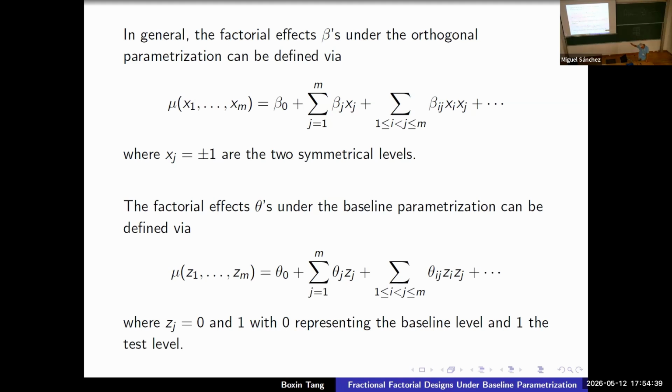This is implicitly defined. One can actually solve this to obtain the beta in terms of the mu's. Right? And the baseline parameterization can be defined this way. You just choose the two levels of the factor at 0 and 1, rather than +1 and -1. Then you get these thetas. These are the factorial effects under baseline parameterization.